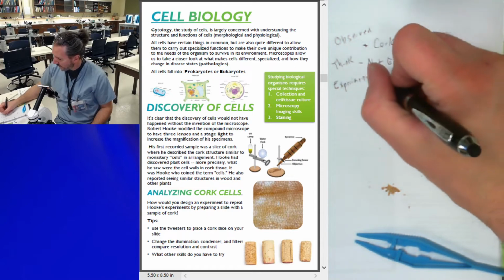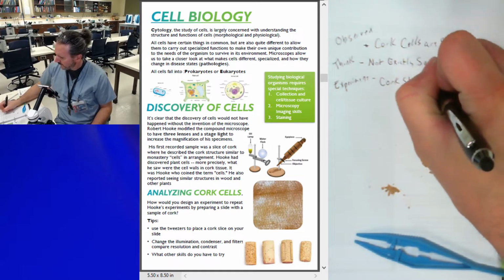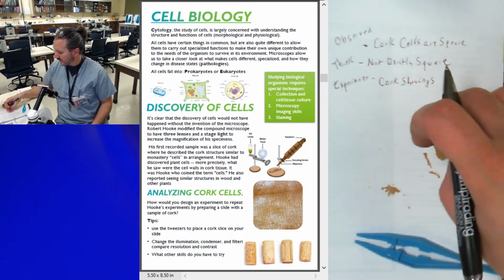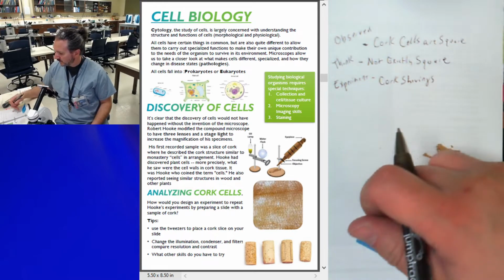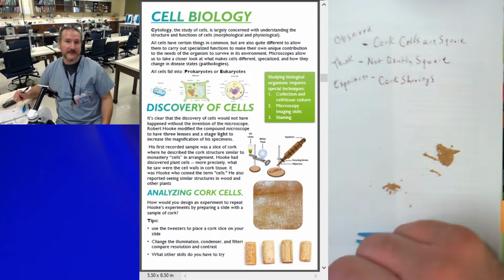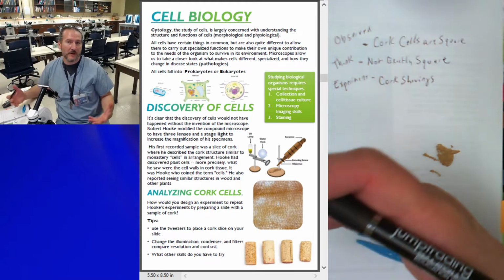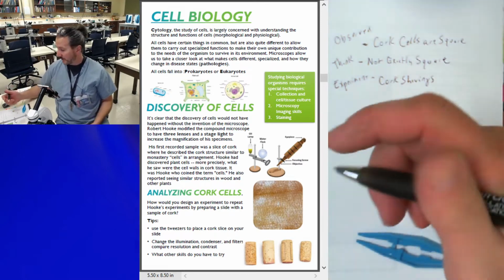My experiment: I took cork shavings. How can I observe these? What skills have you learned? You could make a slide, whether it's a quick slide out of some transparency paper, or use a plastic slide, or use a glass slide and cover slip.